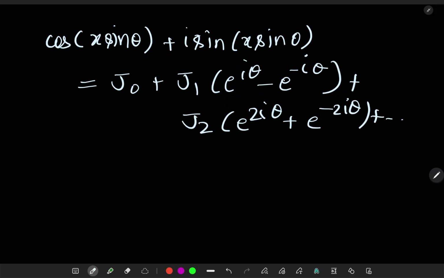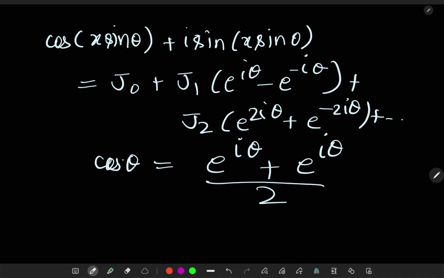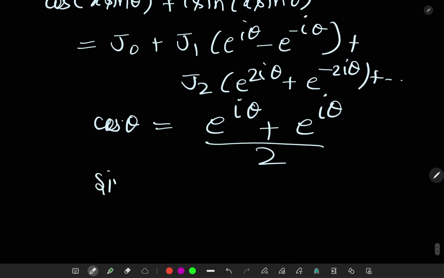Now we use cos theta equal to e raised to power iota theta and similarly for sin theta.